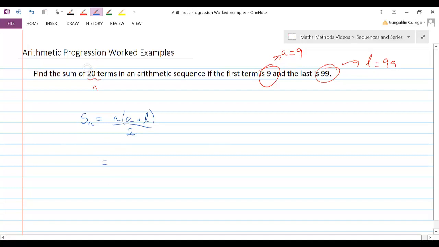We have 20 terms for n. Our a, we said, was 9. Our l was 99, divided by 2. So that's going to be 20 times (9 plus 99), which is 108, divided by 2.